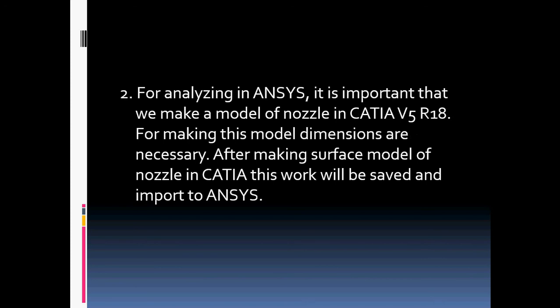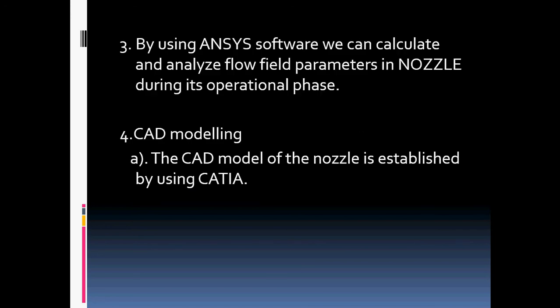For making this model, dimensions are necessary. After making the surface model of the nozzle in CATIA, the work will be saved and imported into ANSYS. By using ANSYS software, we can calculate and analyze flow field parameters in the nozzle during its operational phase.